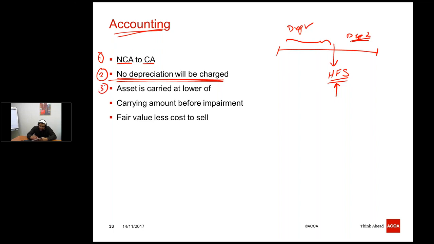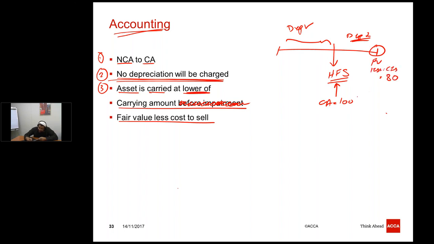The third point is that the asset should be carried at the lower of the carrying value and the fair value less cost to sell. You can leave out "before impairment". So now the asset will be carried at the lower of the carrying amount and the fair value less cost to sell. For example, the carrying amount was 100 and at the year end, the fair value less cost to sell is 80. So I'm going to write it at the lower of, which is 80.